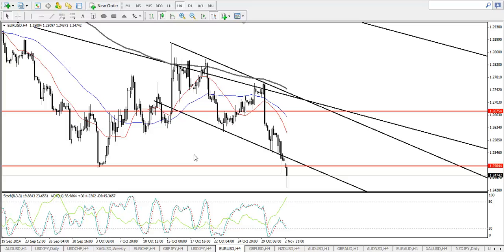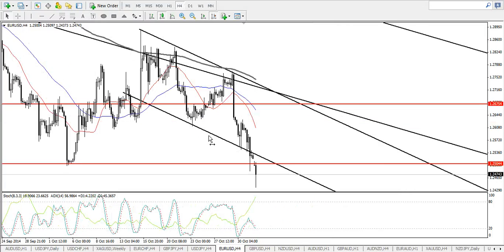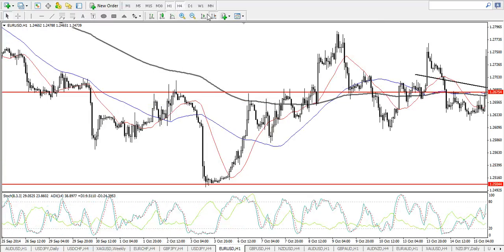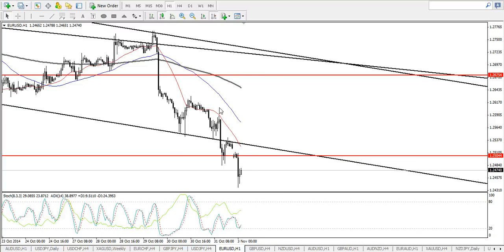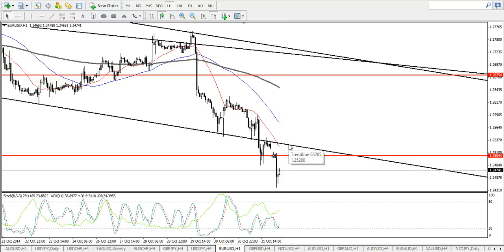At the same time, it also broke below the previous low of 1.2500. So what we're going to do here is wait for a retracement. Probably we can zoom into a smaller time frame at the 1 hour chart, wait for it to retrace back to the bottom of this minor falling trend channel and look for the short opportunity.